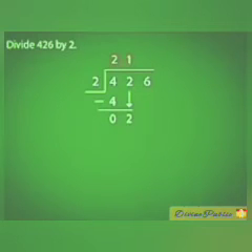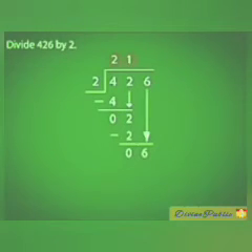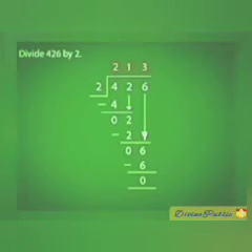So write 1 in the tens place of the quotient and 2 below the dividend place. 2 minus 2 is equal to 0. Bring down 6 ones and divide 6 by 2. 6 divided by 2 is equal to 3. Write 3 in the ones place of the quotient and 6 below the dividend in the ones place. 6 minus 6 is equal to 0.